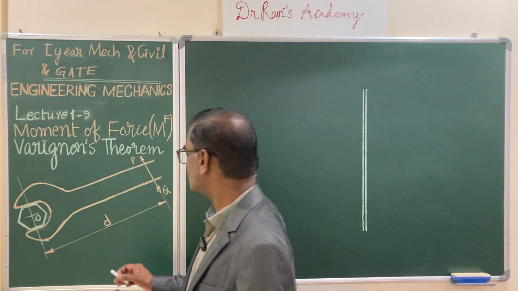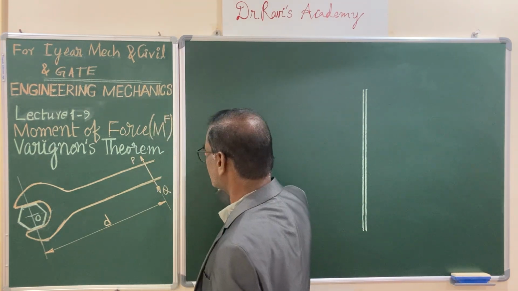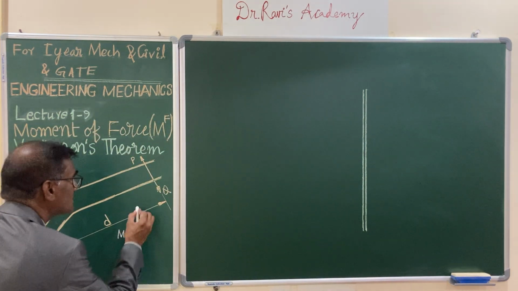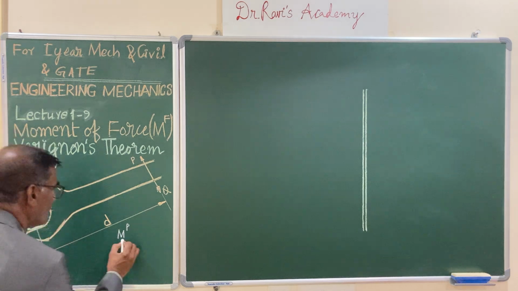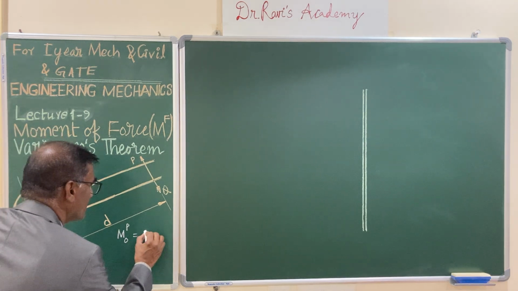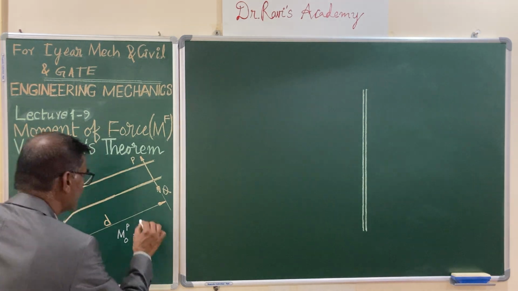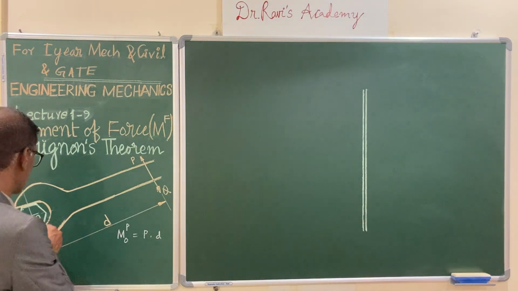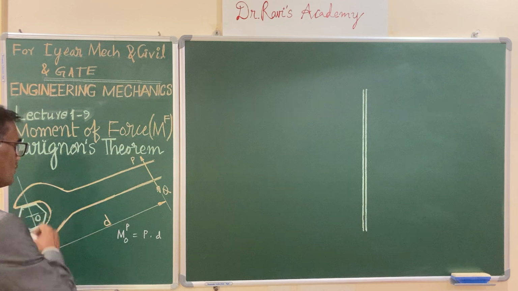So you can write down the expression for moment of a force. Let us write down here: moment of force P about O is the magnitude of the force multiplied by the perpendicular distance, that is the shortest distance between the line of action of the force and the moment center.